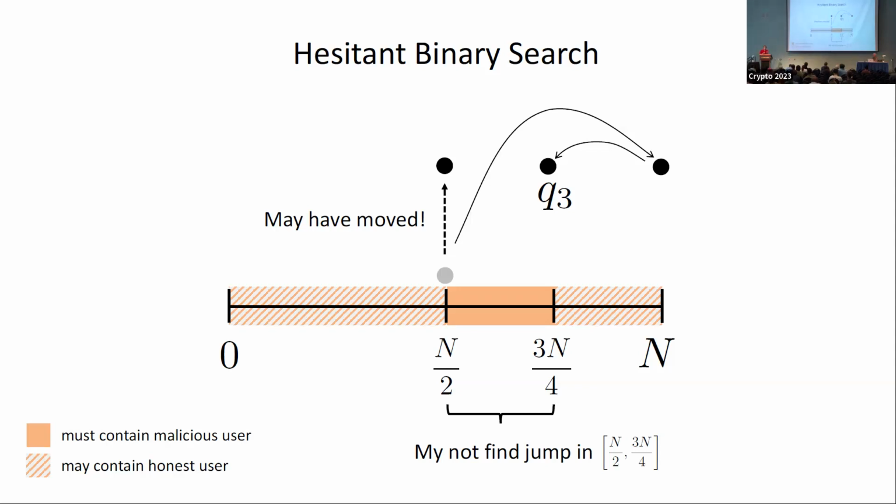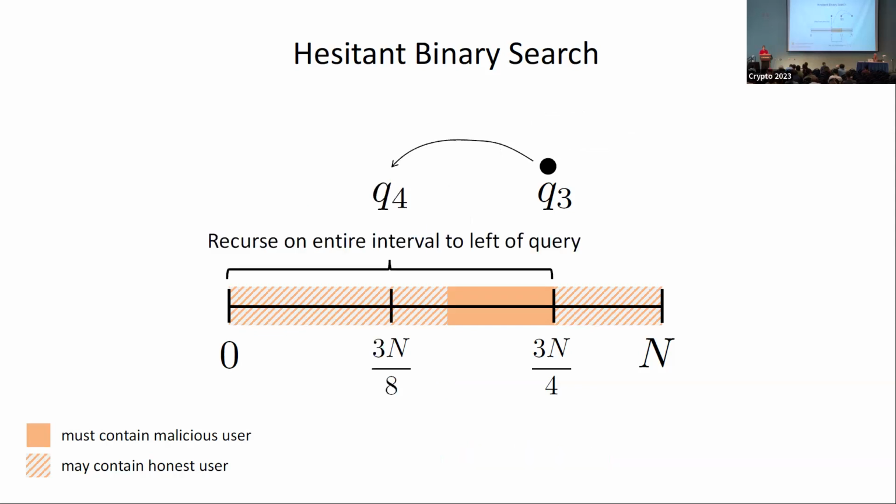If it became high, that's a problem for proceeding with the standard binary search, because a standard binary search would try to recurse on the interval n/2 to 3n/4, where we know there's a user we want to accuse. But if the success probability on n/2 were high, we might not ever find any jumps in this interval anymore. We would have found a jump initially, but because we did this backtracking, there are potentially no more jumps in the interval n/2 to 3n/4. So we can't recurse on this interval and be guaranteed anything comes of it.